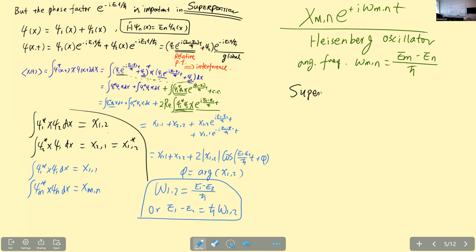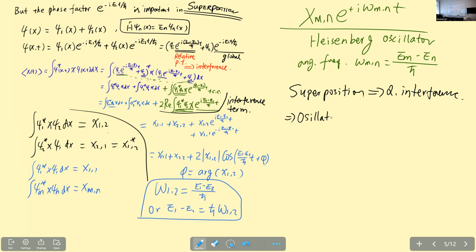Superposition leads to quantum interference. This is an interference term. So if you have a superposition of two energy states, you can have interference and oscillation.